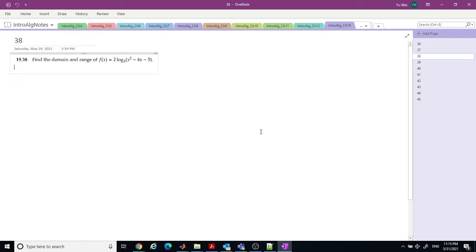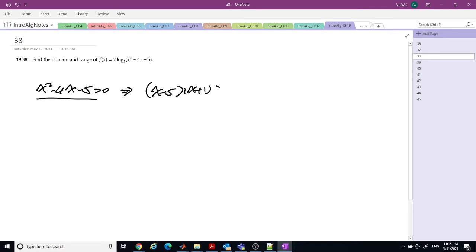Next. We want to find the domain and the range of this one. The domain means x squared minus 4x minus 5 needs to be greater than 0. So you can see it's (x minus 5) times (x plus 1) needs to be greater than 0.